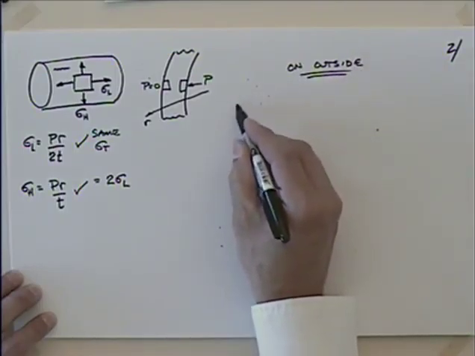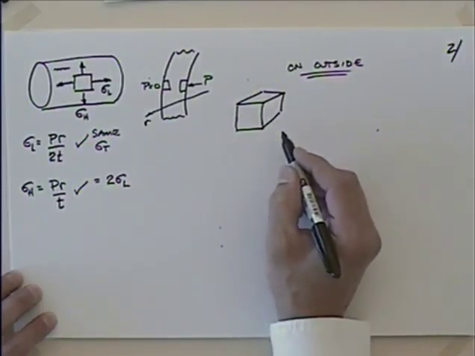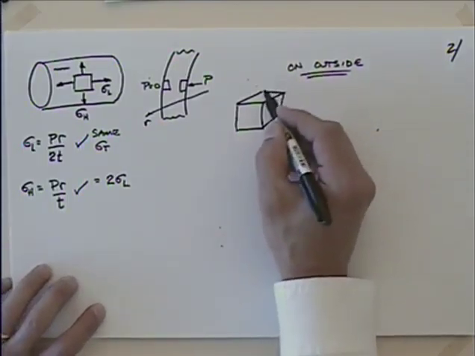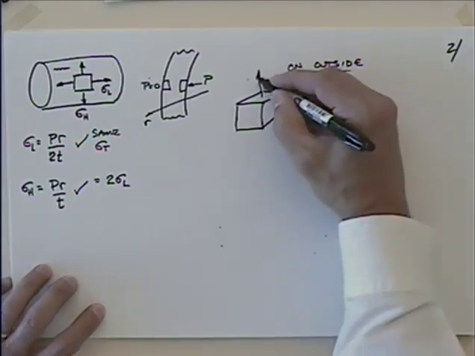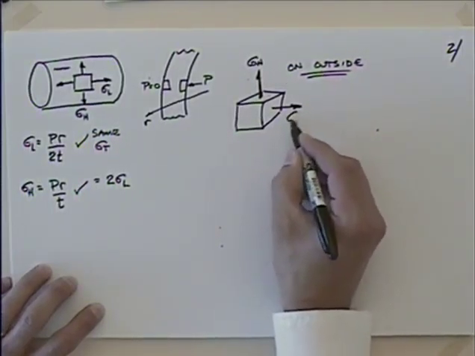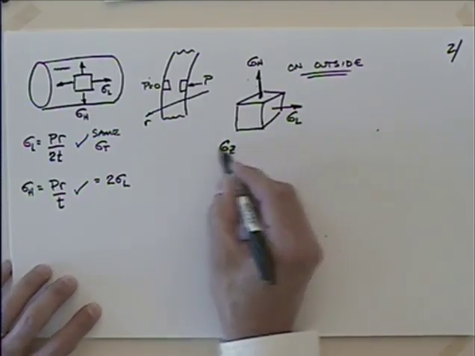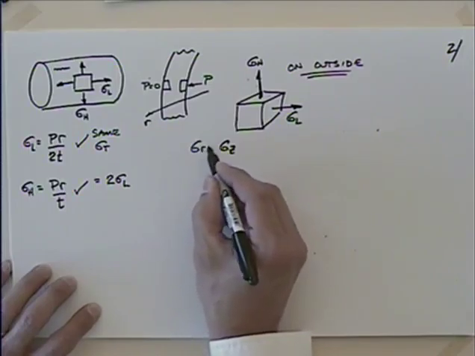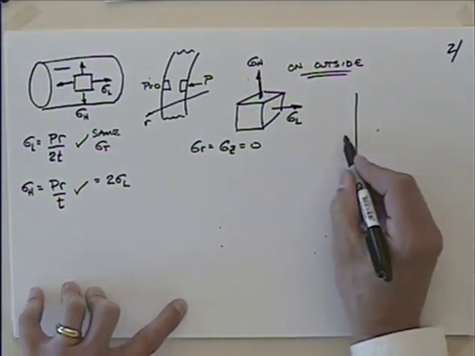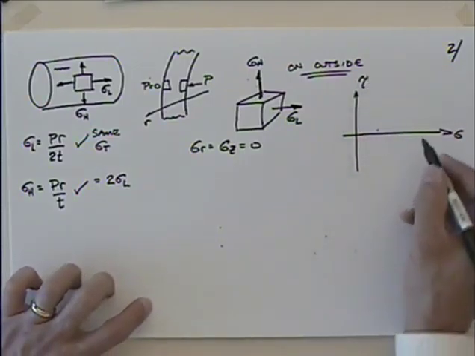On the outside, I'm going to have an element that looks something like this, where we've got sigma hoop, and then sigma longitudinal and sigma z, which would be in the r direction, sigma r if you want, and sigma z is equal to 0.